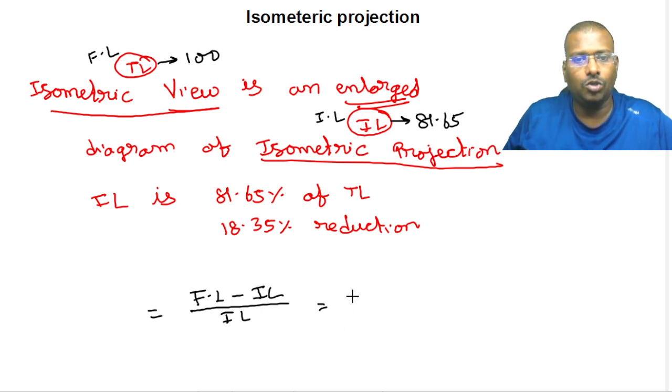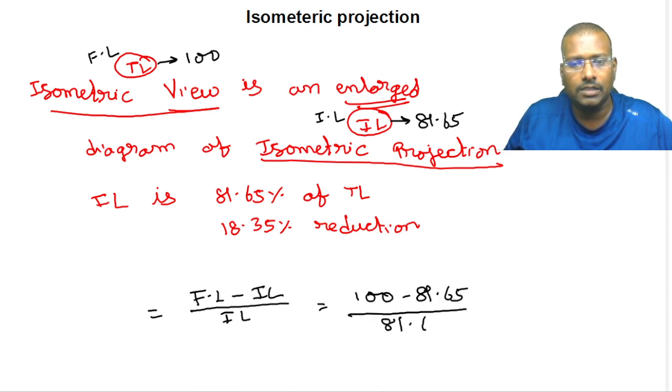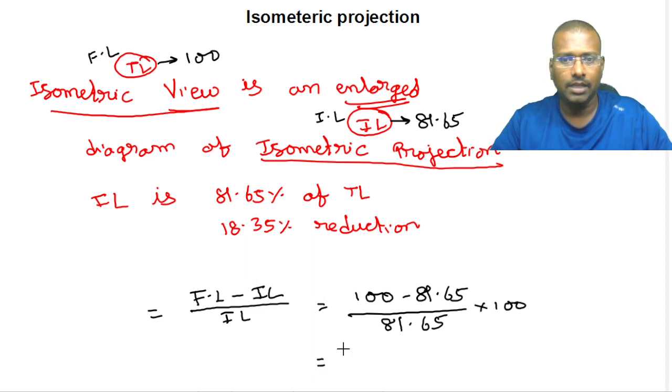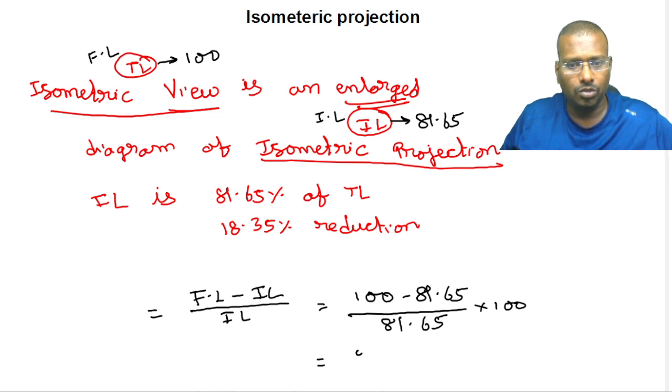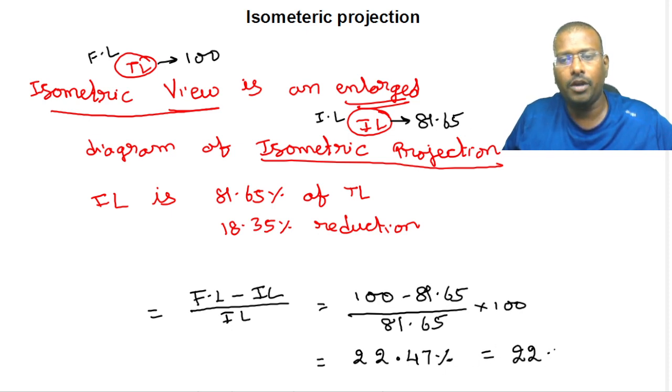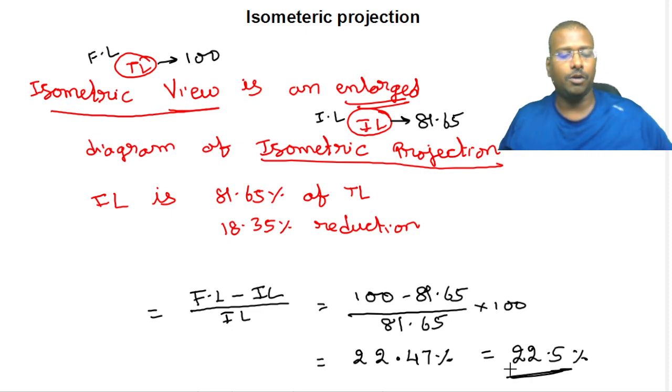So it is 100 minus 81.65 divided by 81.65, into 100. Just you calculate, my dear friends. We are going to get 22.47%, that is approximately 22.5%. Remember, this is also important.